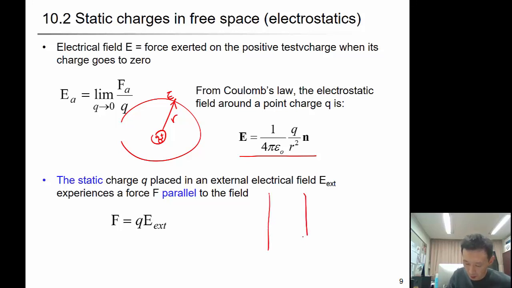For example, if you have a cathode and an anode with the electrical field E, then the charge Q will feel some F, and that F is Q times the electrical field E_ext.